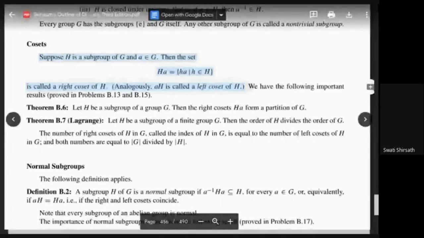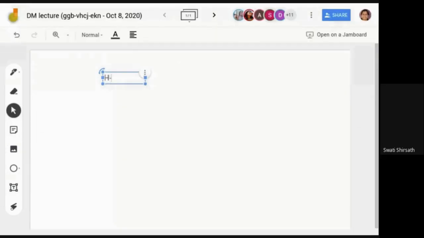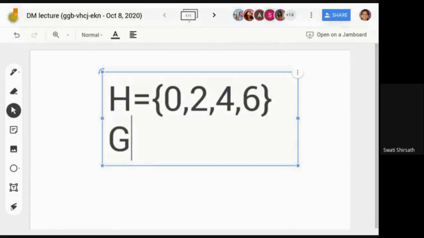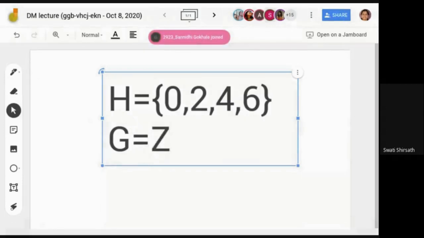I want you to solve this example on your own without taking my help. It is a very simple concept. So write down H is equal to 0, 2, 4, 6, and G is equal to capital Z. Z means the set Z8.